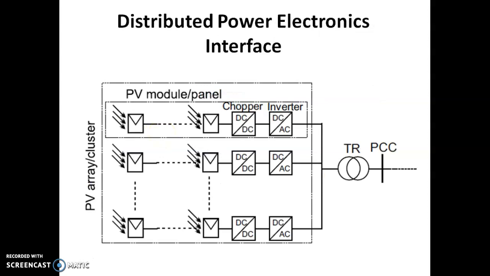Then the distributed power electronic interface refers to a number of distributed generators connected to the same local grid. You can see they are connected to the same local grid through power electronic converters. PV modules are connected to form an array to produce a large amount of electricity.